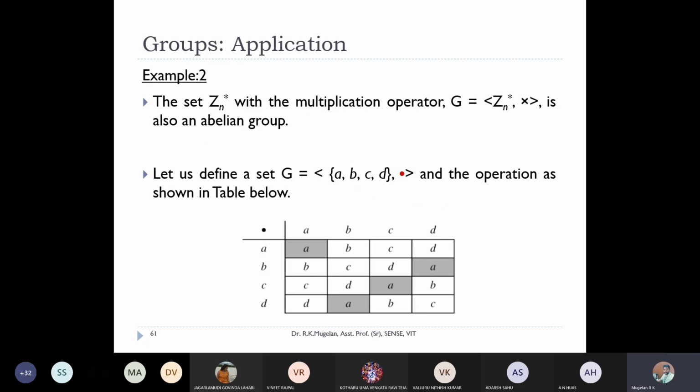And for example, if you go with a multiplication operation, there the set of elements will be Zn star, because all the elements you take should obey the four rules. That is, inverses must exist. So whenever multiplication comes into the picture, I'll take the set which has only multiplicative inverses existing.